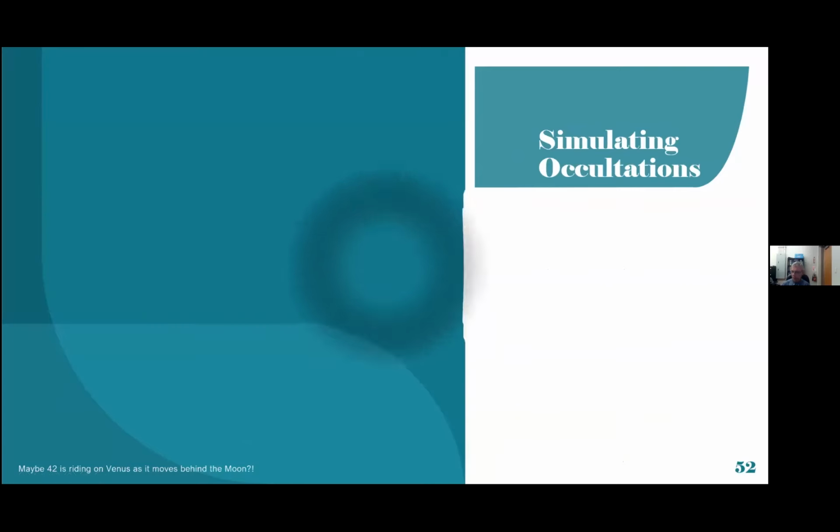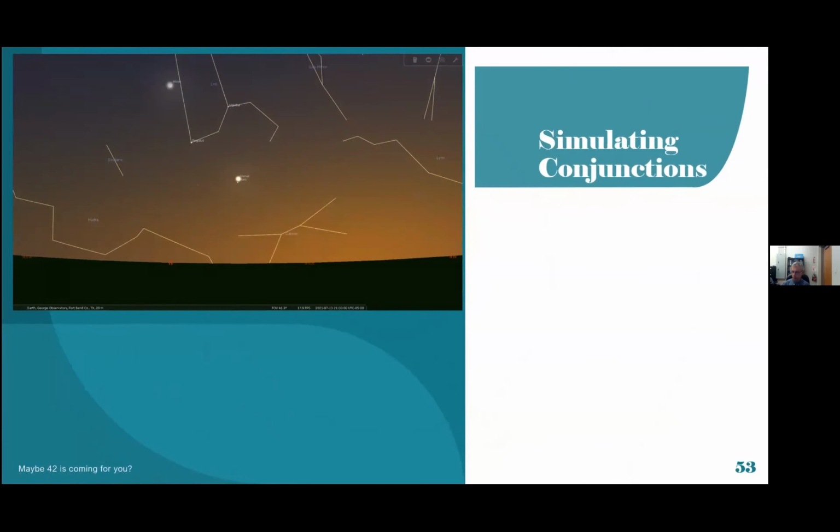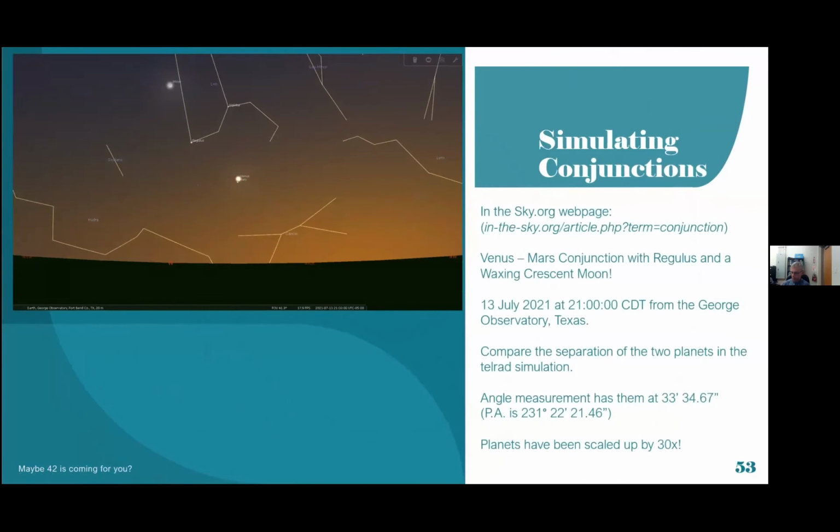You can also simulate conjunctions right here. So this is a conjunction at the George Observatory on the 13th of July with Venus and Mars. You can see it's at 9 p.m. and you can magnify everything. You can scale it by a factor of 30, even up to a factor, I think, 500. So you can see these planets magnified as if you're seeing them through an eyepiece.